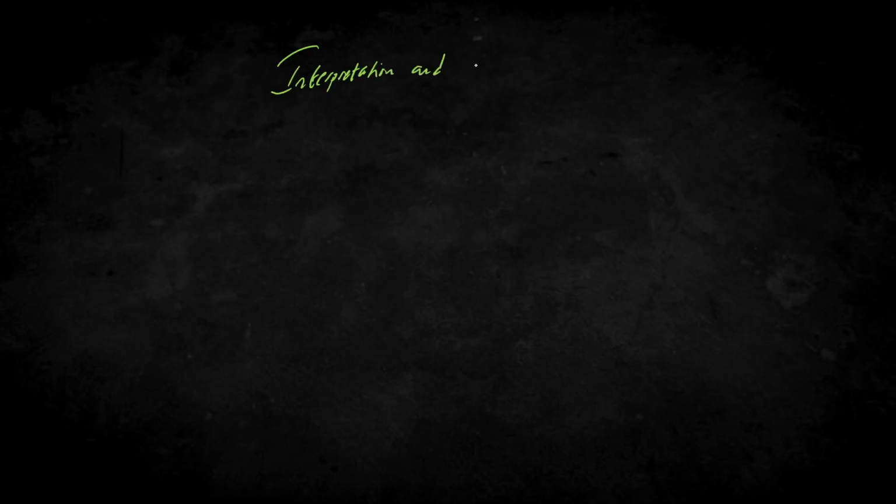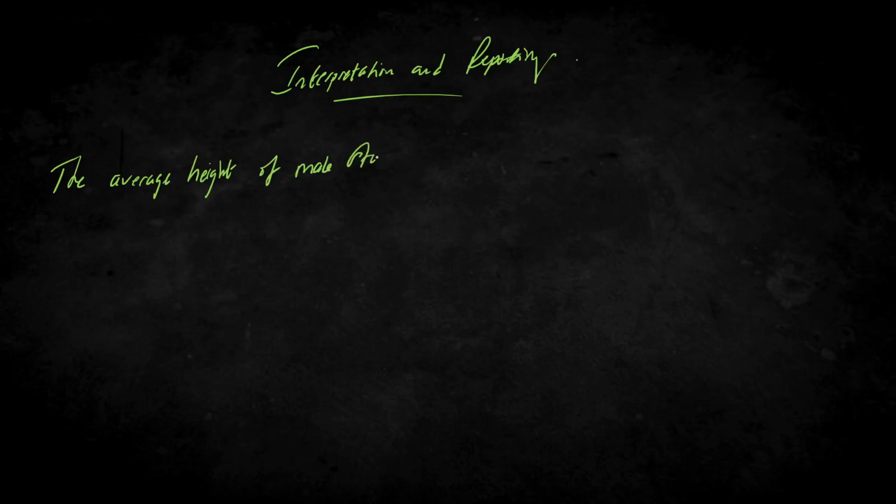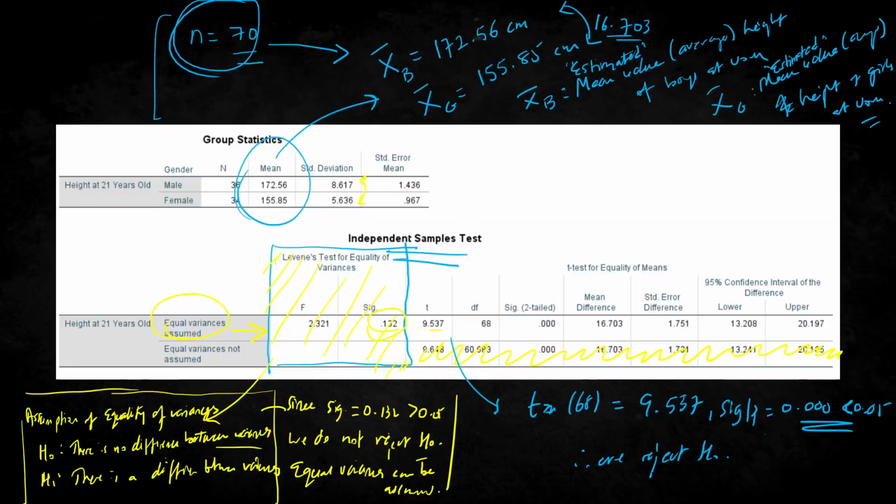Interpretation and reporting of the results. So in a nutshell, what we've looked at, so we can say that the average height of male students, so M is equal to, what was the average for male? 172.56.